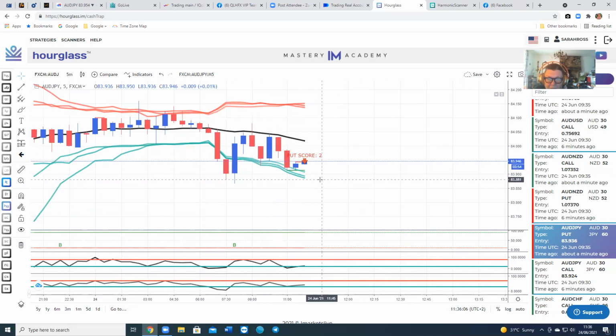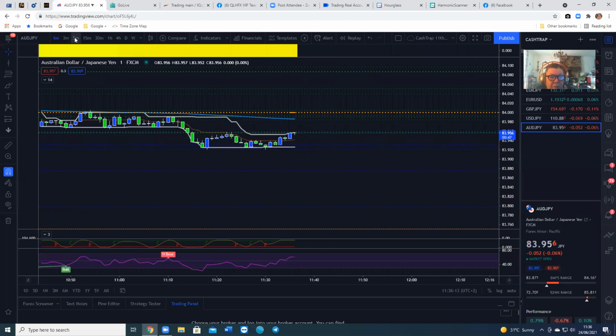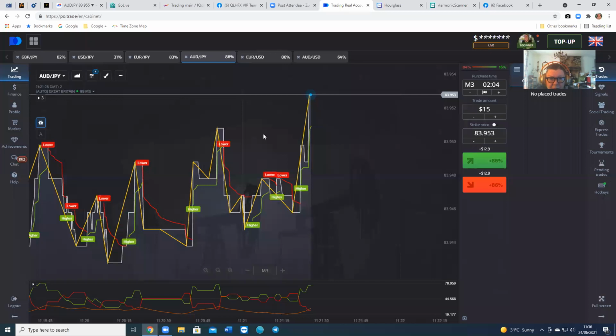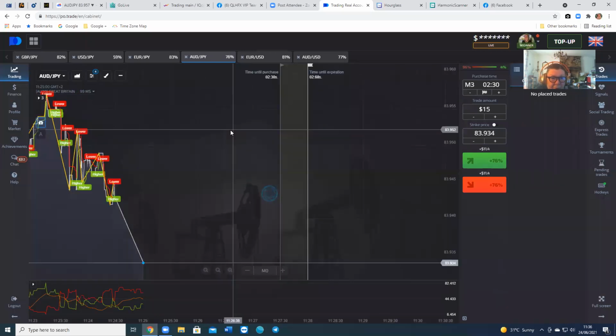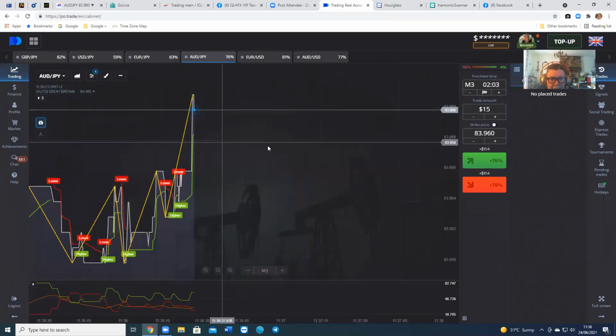36, we've got the 40-minute candle. Come back to the 5-minute. It's now at 955 on TradingView, 956 on this broker.